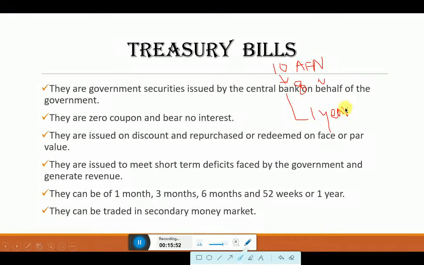So it means that the central bank of Afghanistan, if today they are issuing the 10 Afghani T-bill note at 8 Afghani, after 1 year they will repurchase it at 10 Afghani.